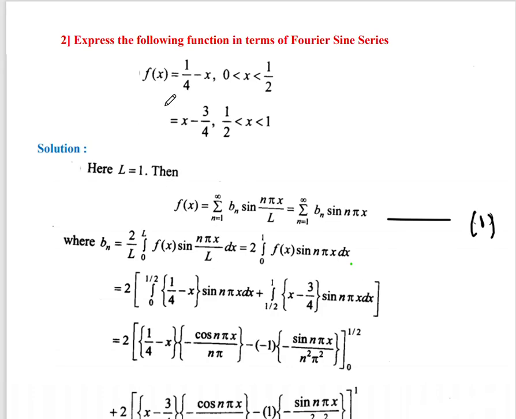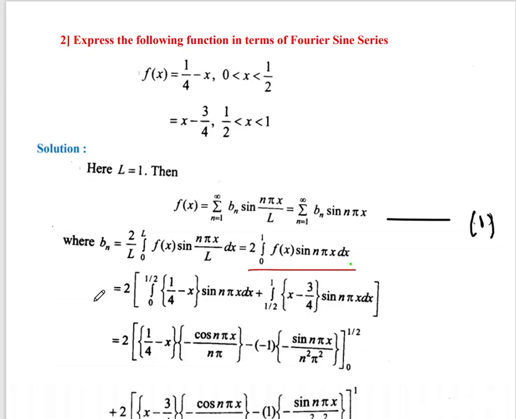If you observe from this given function, the interval is divided into two intervals, 0 to 1 by 2 and 1 by 2 to 1. So now we will split this integral into two parts, 0 to 1 by 2 and 1 by 2 to 1.